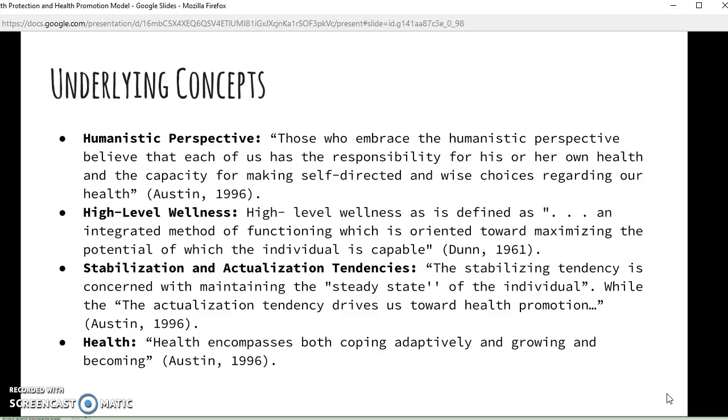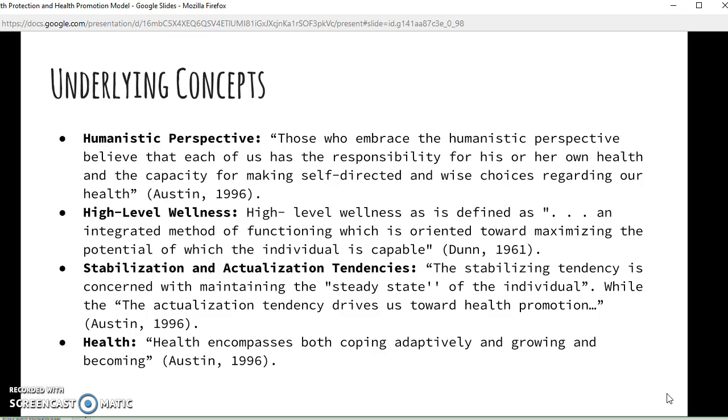One thing about health is it encompasses both adapting to your life and growing and becoming better. And healthy people are able to cope with life stressors a lot easier.